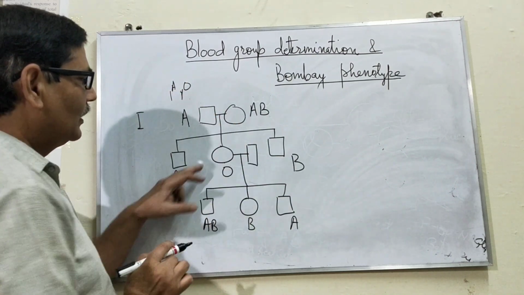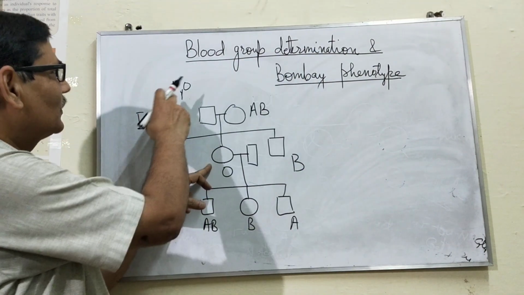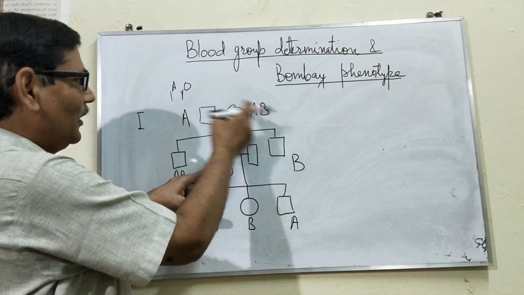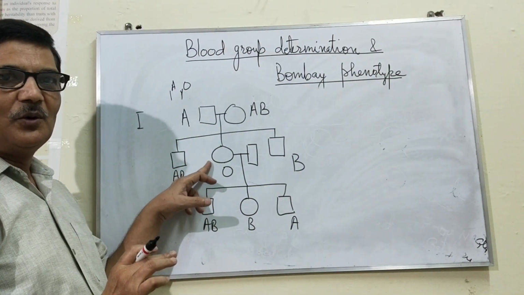Even in that case, this female will not be of blood group O, because IO may combine with IA or IB. So in any condition you will not find that she will be of blood group O.